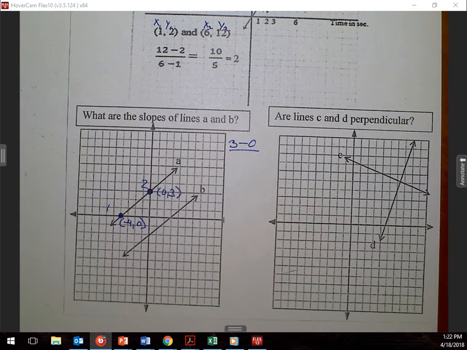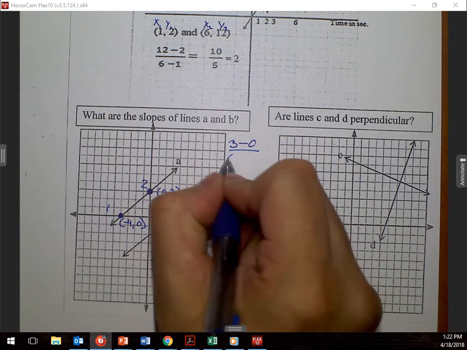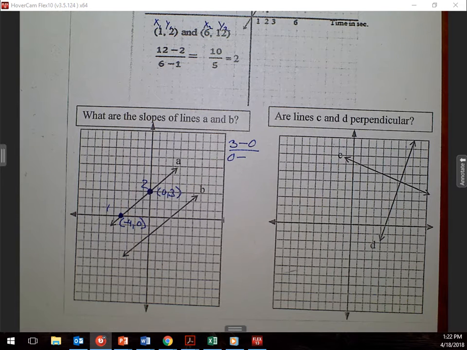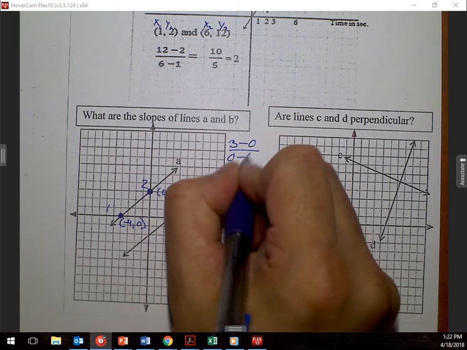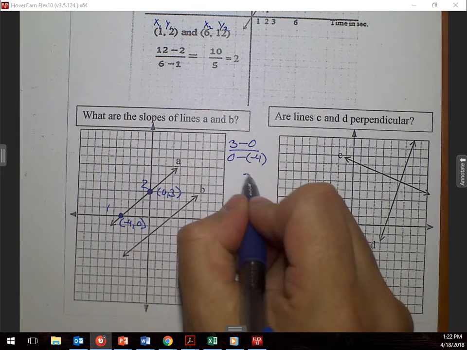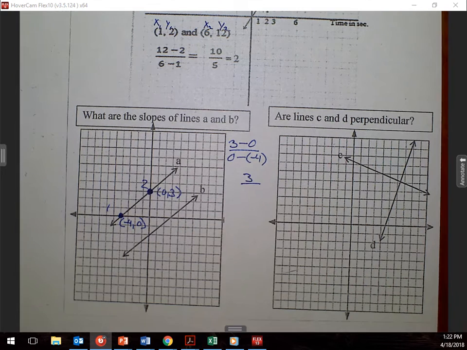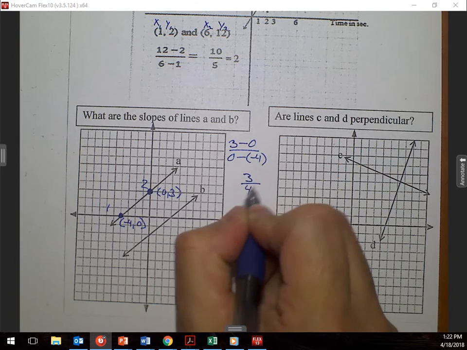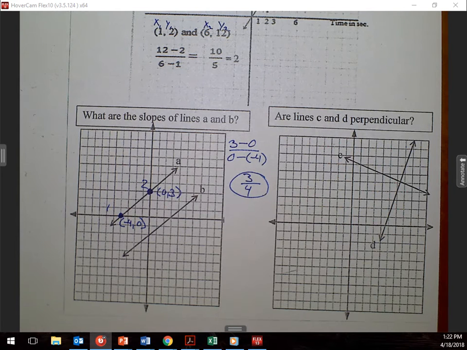Over, what is x from my second point? 0. Minus, what is x from my first point? Negative 4. So this is going to give me 3 over 4. Very good.